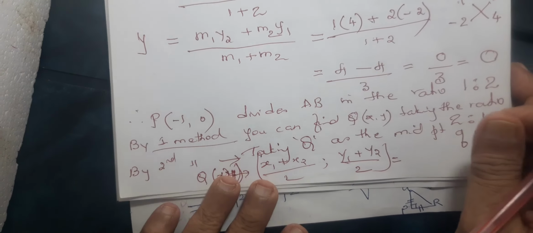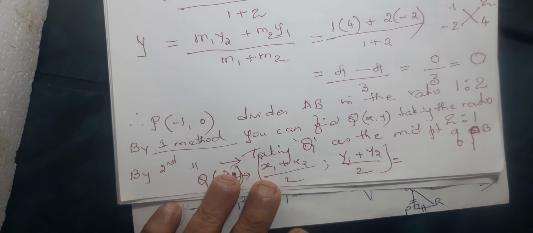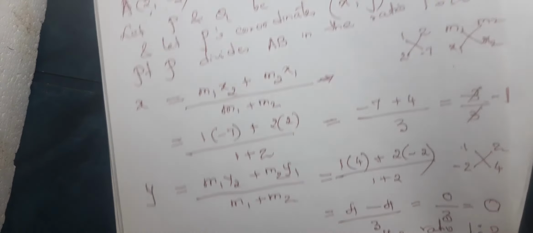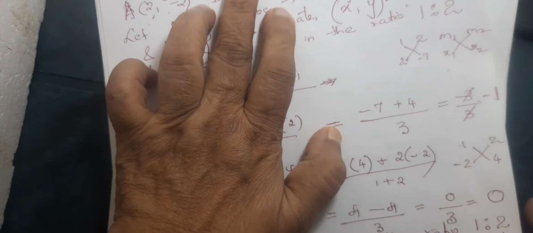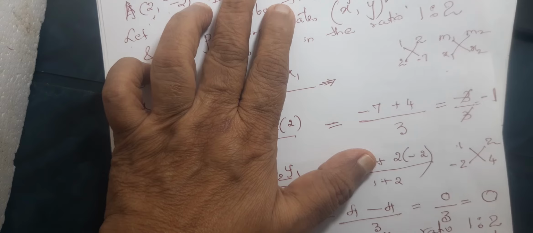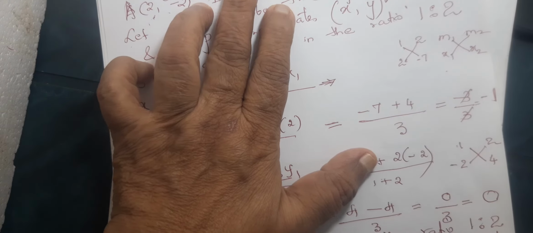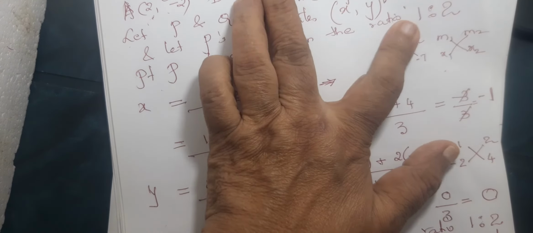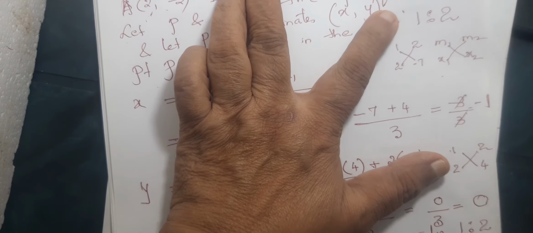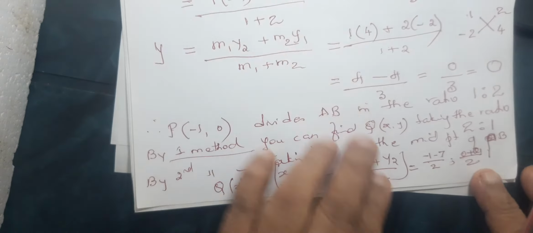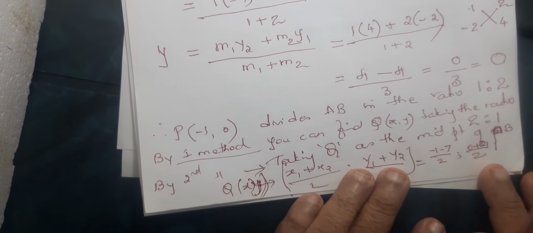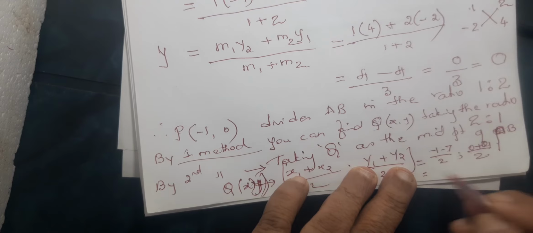Time is 12. Okay, I'll just do it fast. Now minus 1 minus 7 by 2, and 0 plus 4 by 2. So that will be the coordinates.